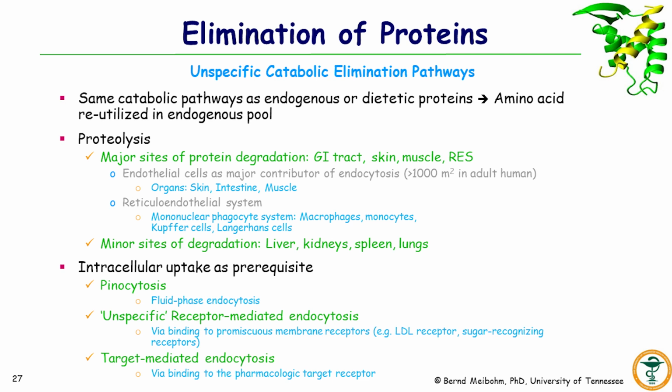Minor sites of degradation are also the liver, the kidneys, the spleen, and the lungs, but for specific therapeutic proteins, some of these organs may be a major contributor.